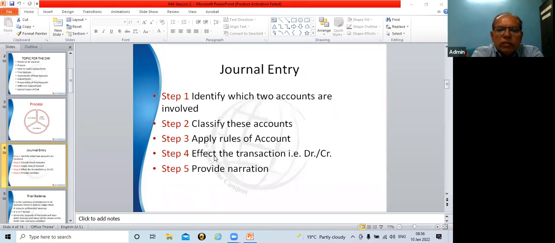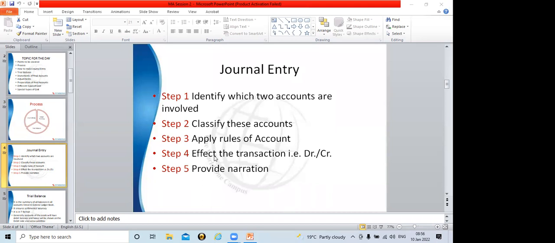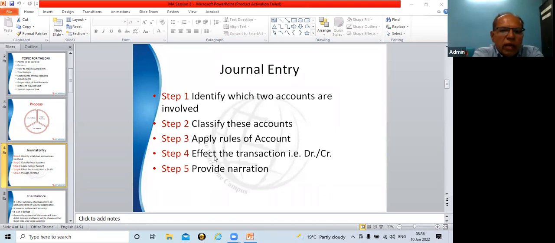Now in this transaction, identify which two accounts you are observing. Fan and cash or bank.